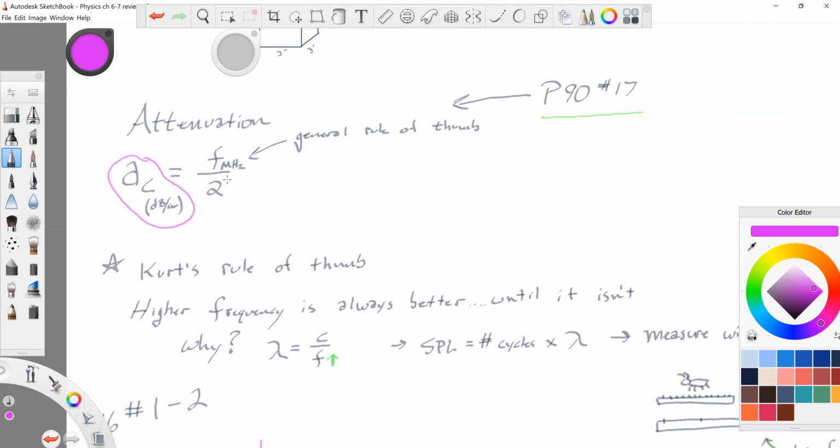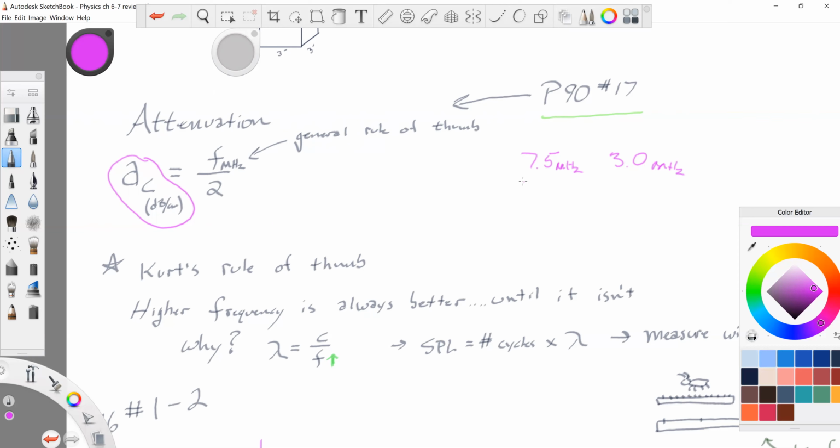All right, and in number 17, we have a 7.5 or a 3.0 megahertz. So what do we do with that?